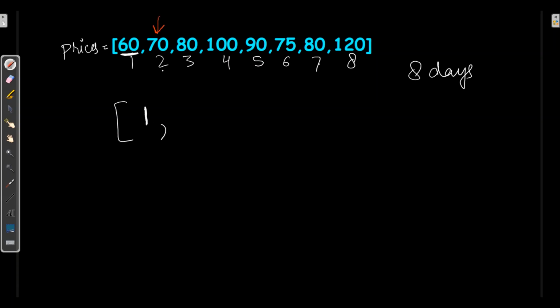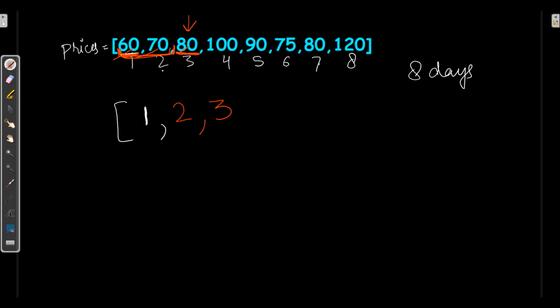Then for the second day, the price to its left is less than it. So 1 plus 1 will be 2. Then for the third day, all the prices left to it are smaller than the current day. So span will be 1, 2 and 3. Don't forget to take the current day price also.